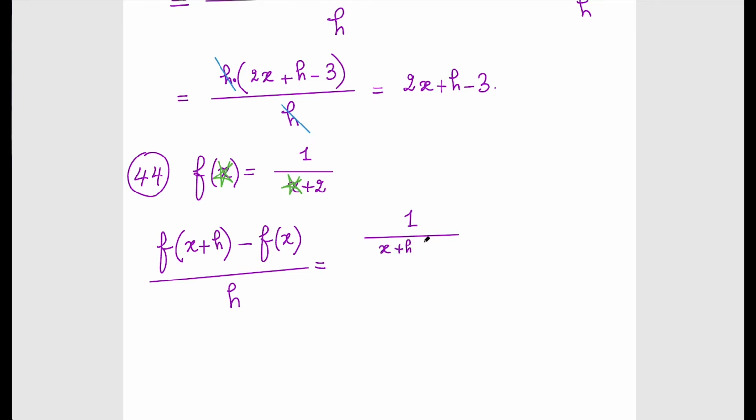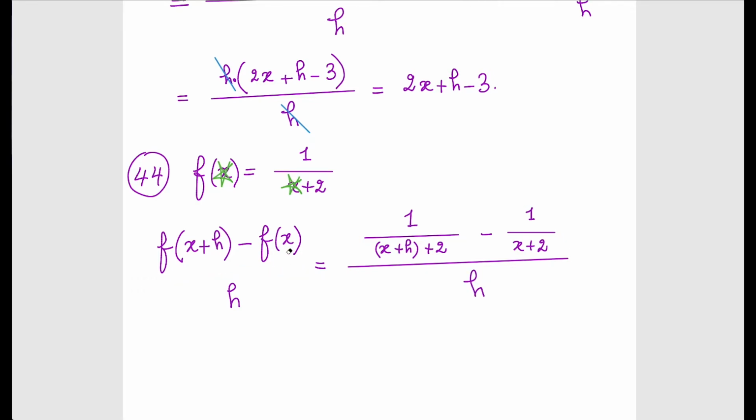So that's x plus h, that's the star guy, plus 2, correct? Minus the f of x, which is the star now is x, so 1 over x plus 2, and the whole thing is divided by h, correct?